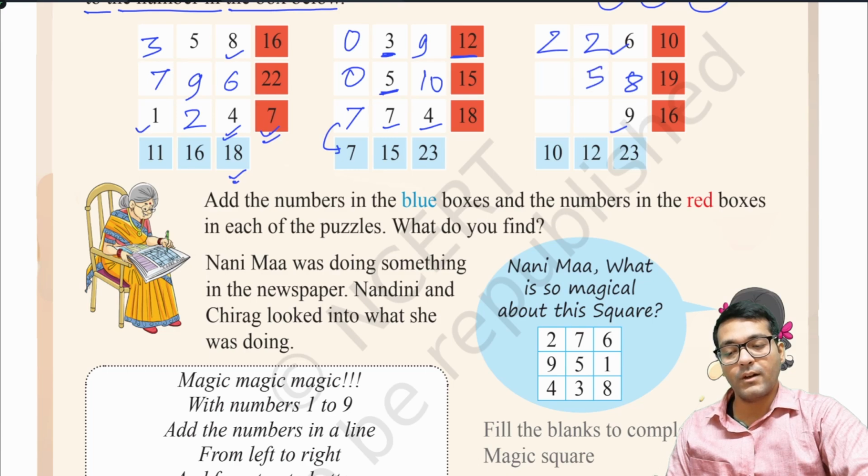Suppose I write here 5, then 5 and 2, 7, 7 and 5, 12, and here should be 9 and 5, 14, 14 and 2, 16, then here should be 6. Okay, you can add and check.